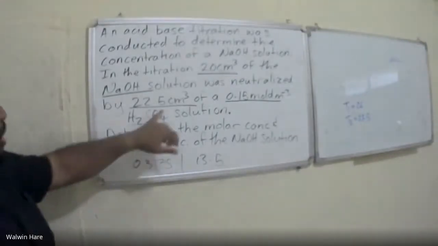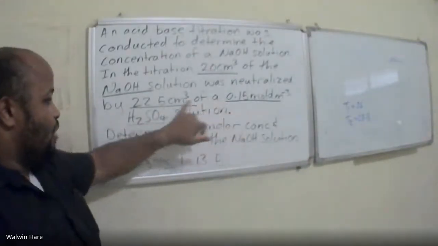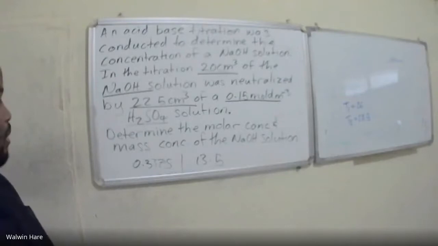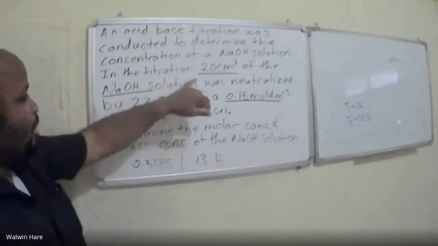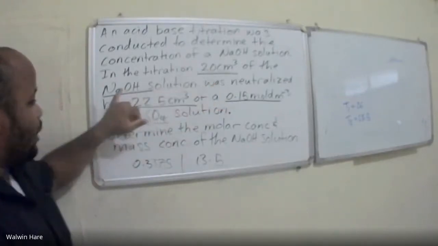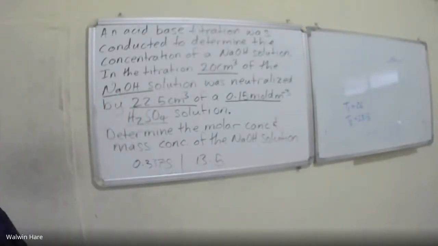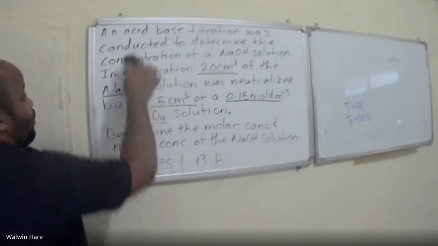So we got the concentration and the volume for the sulfuric acid solution, and we only got the volume of the sodium hydroxide solution, and we're asked to find the molar and the mass concentration of the sodium hydroxide solution.